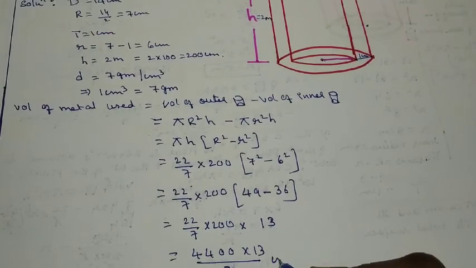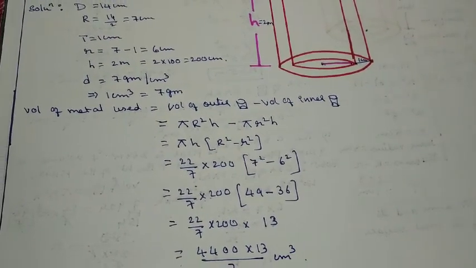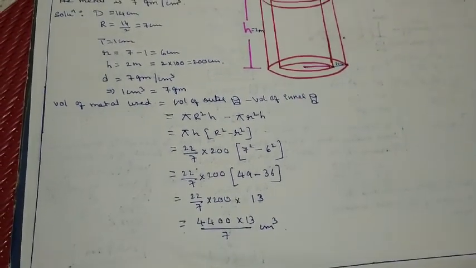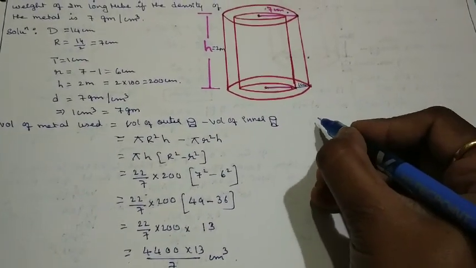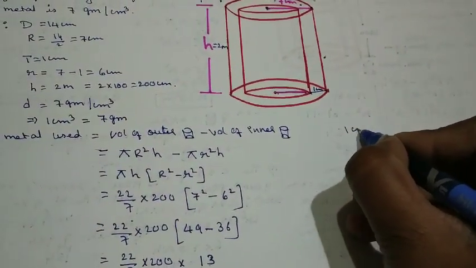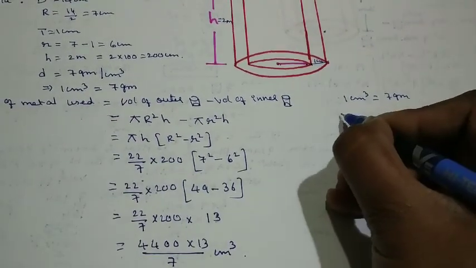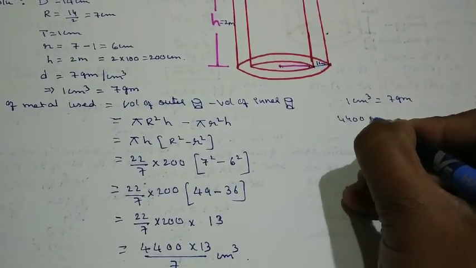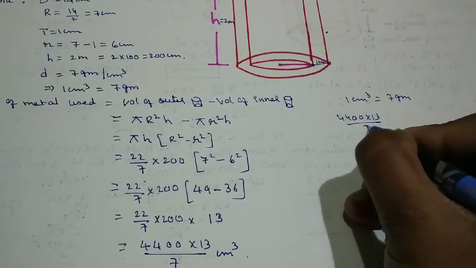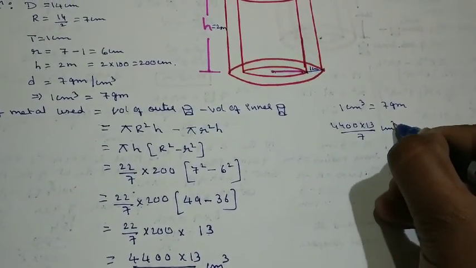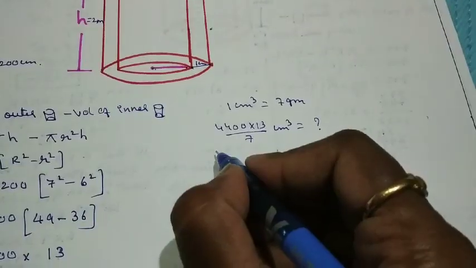This is the volume of metal used to make this cylinder. Now we will find its mass. So 1 centimeter cube is equal to 7 grams. Then 4400 into 13 by 7 centimeter cube is equal to how many grams?